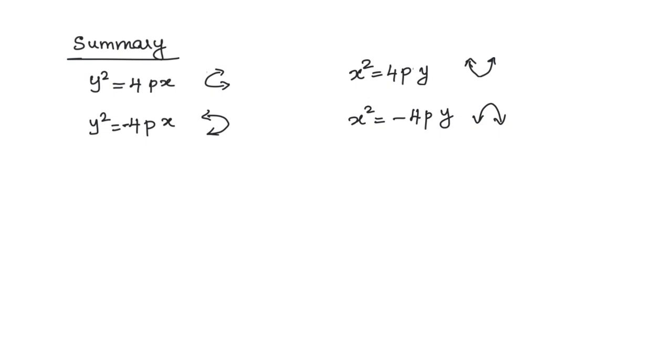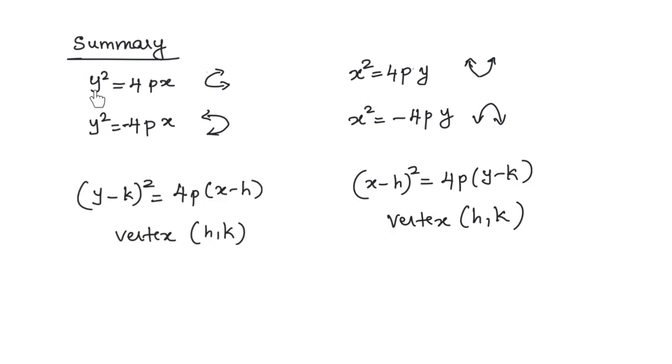If the vertex is not at 0, 0, you can replace x and y with x minus h and y minus k. Then the vertex will be at (h, k). Also you learned the distance from the vertex to the focus and from the vertex to the directrix are the same length, and the length of the latus rectum is 4p.